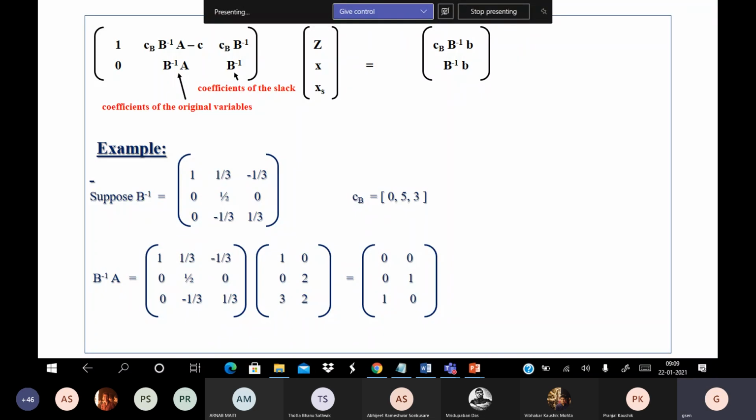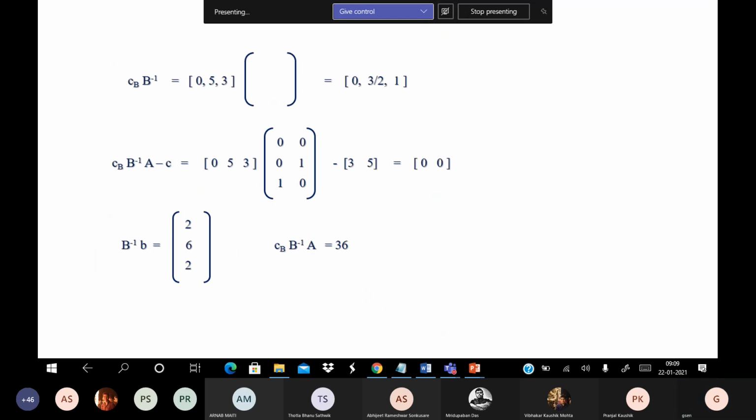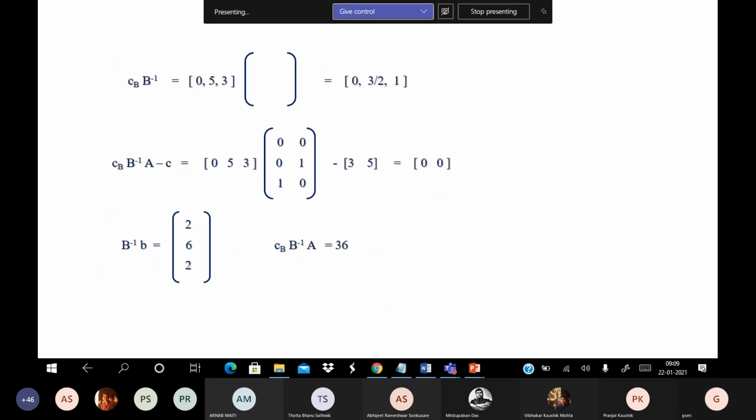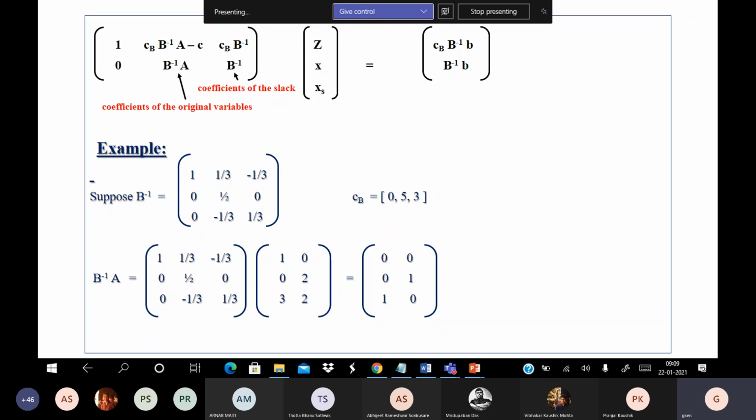Now, given B inverse, if I give you B, then you can compute B inverse, right?